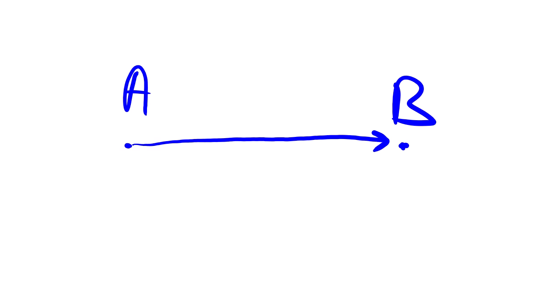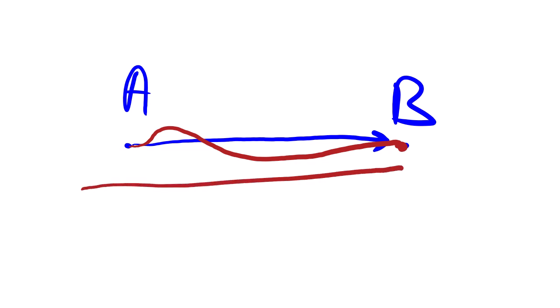For example, when a body starts moving from point A to B and does not follow a straight line and just follows a course like this, and it reaches B. This line, if you stretch it, can reach more than the distance between the two.